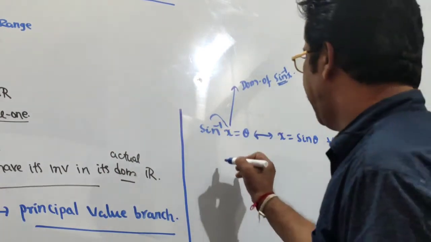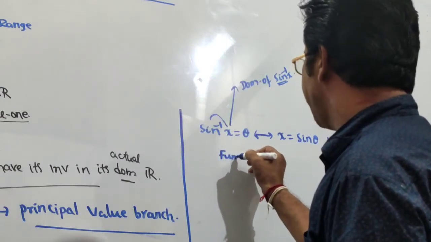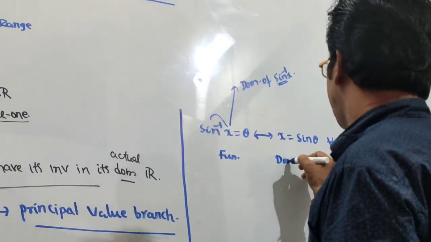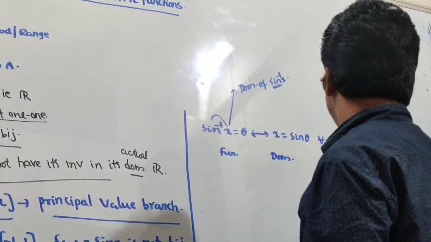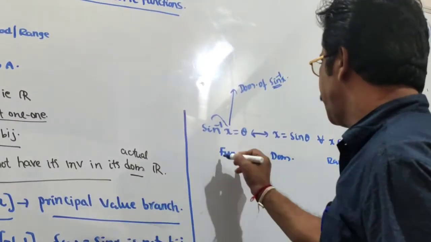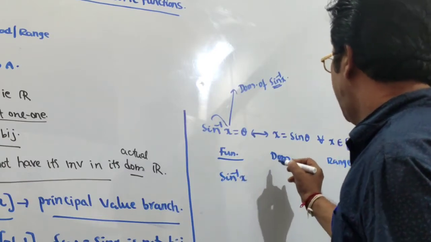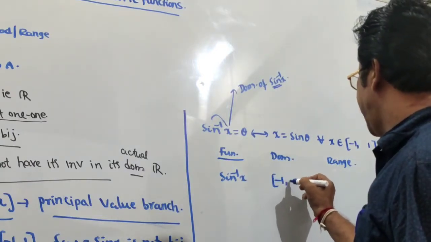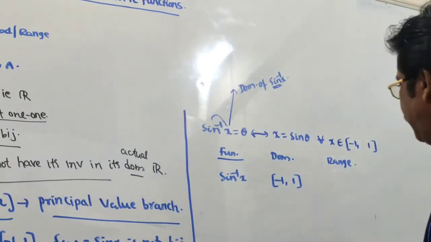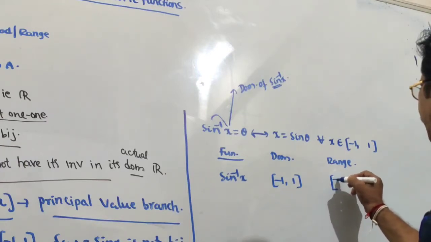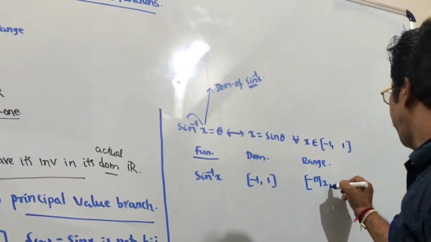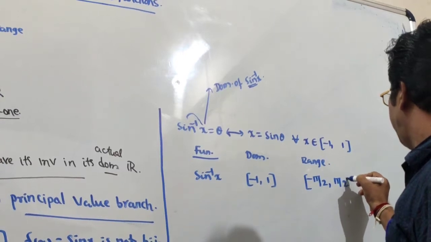What I am telling is that this is the function, this is the domain, this is the range. Which function? Sine inverse x. What is its domain? Closed interval of minus 1 comma 1. What is its range? Closed interval of minus pi by 2 to plus pi by 2.